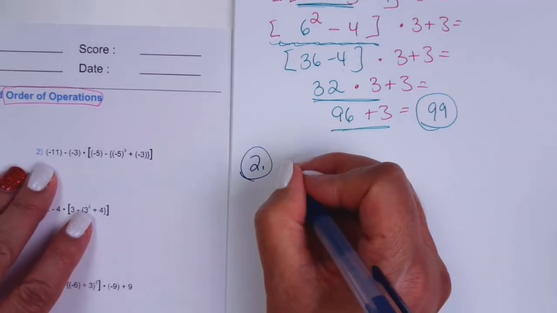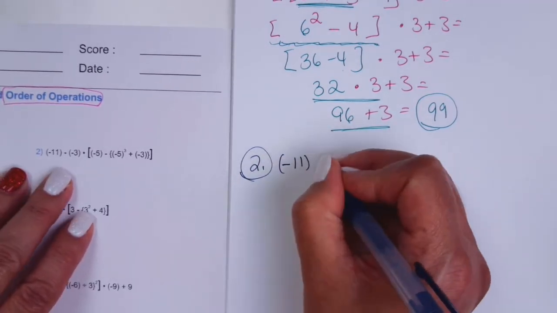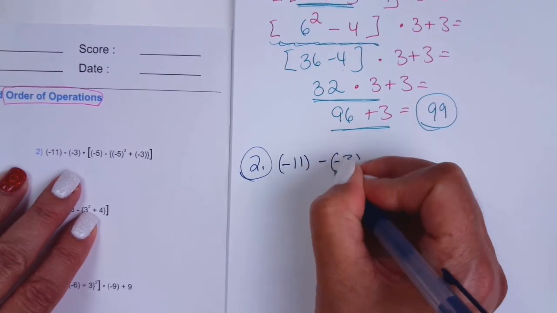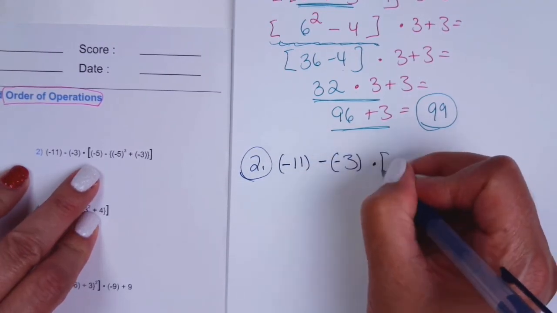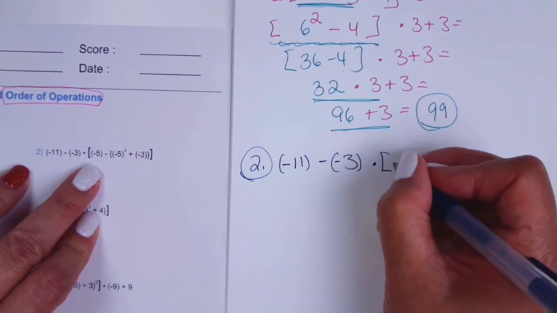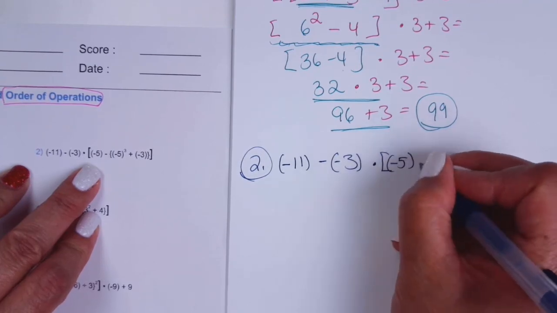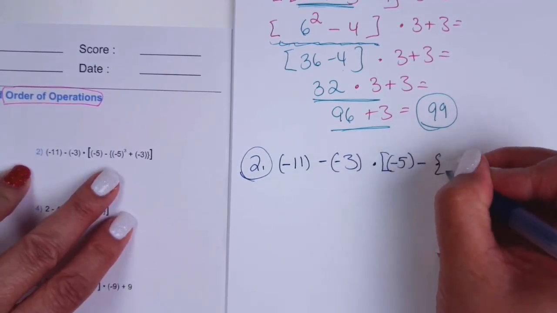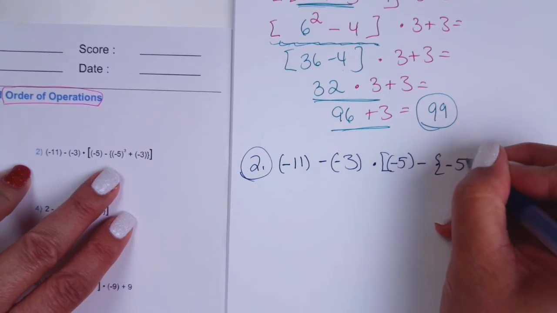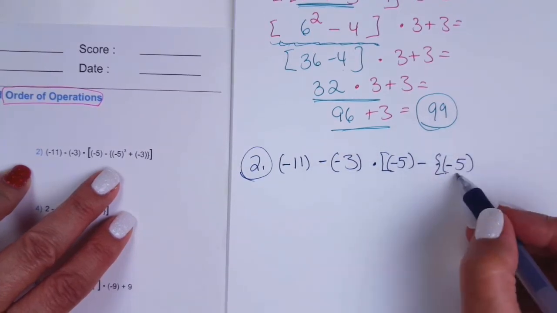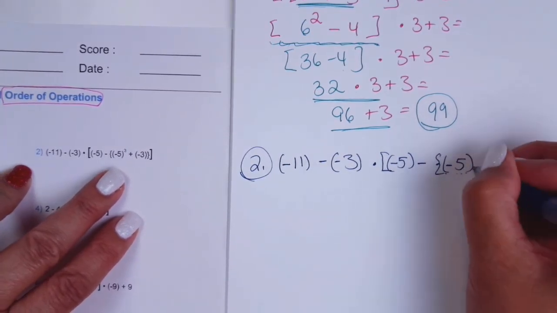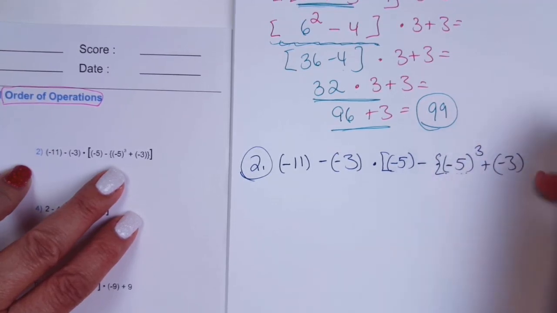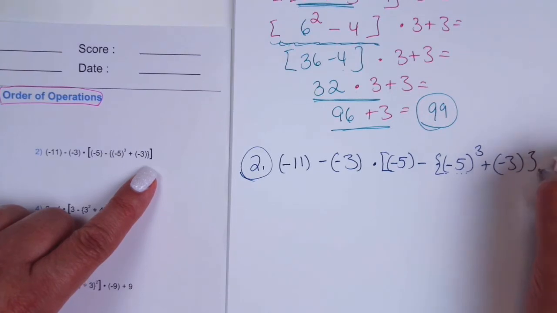We have negative 11 minus negative 3 times brackets open, negative 5 minus braces open, parentheses open negative 5 parentheses closed cubed plus negative 3 inside parentheses, and then we're closing our braces and closing the bracket.